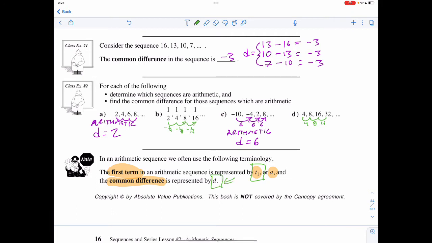That lowercase d helps you know on almost all of the formulas that it is arithmetic. So if you're looking at our formula sheet for sequences and series and you're trying to figure out which is arithmetic, anytime that it has a d, it has to be an arithmetic formula.